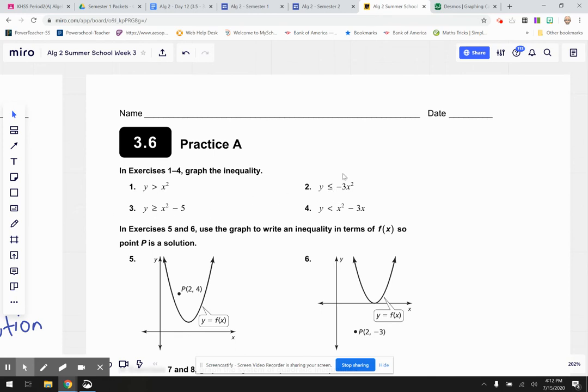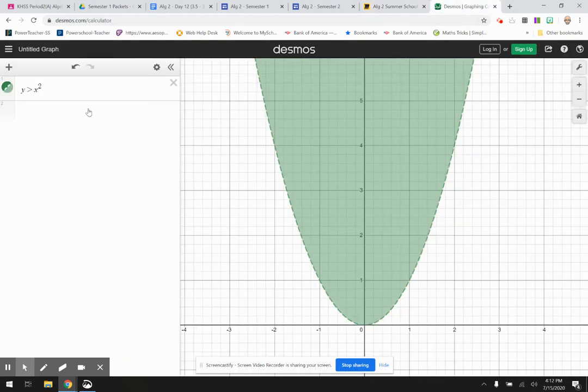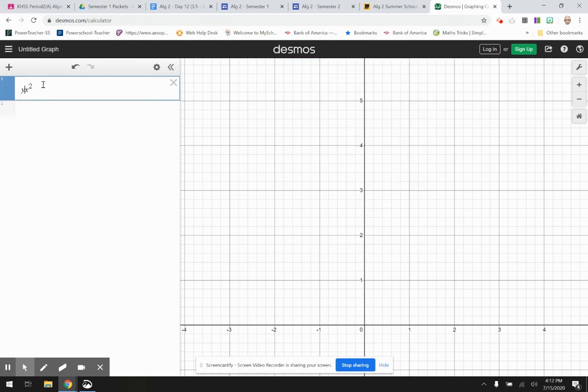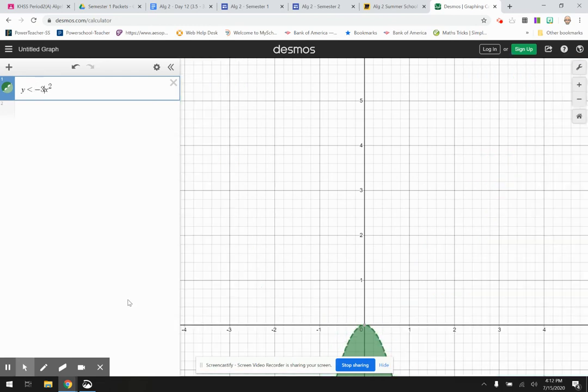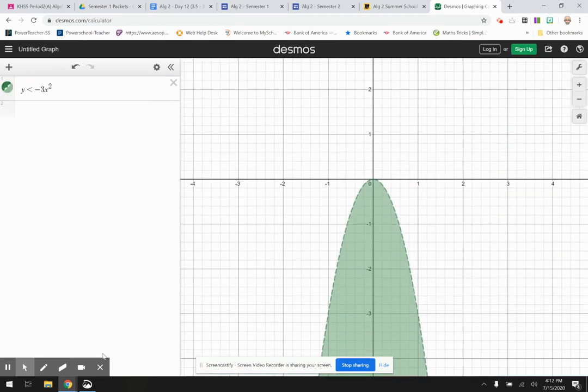Okay, so we got to show you how to get the equal sign. So let's look at that one. Number 2, y is less than or equal to negative 3x squared. So first off, you might need to go down to the keyboard. It's supposed to be down here, but that's for my recorder, so I don't see the keyboard at the moment.